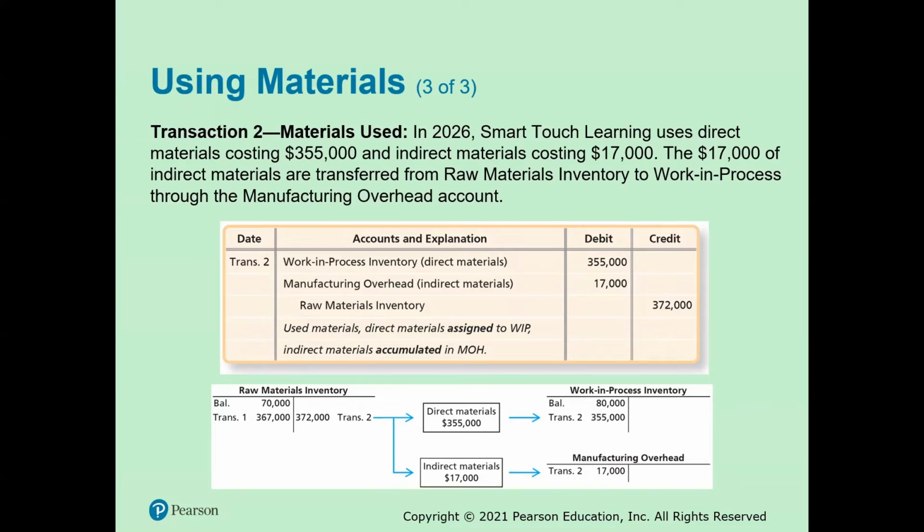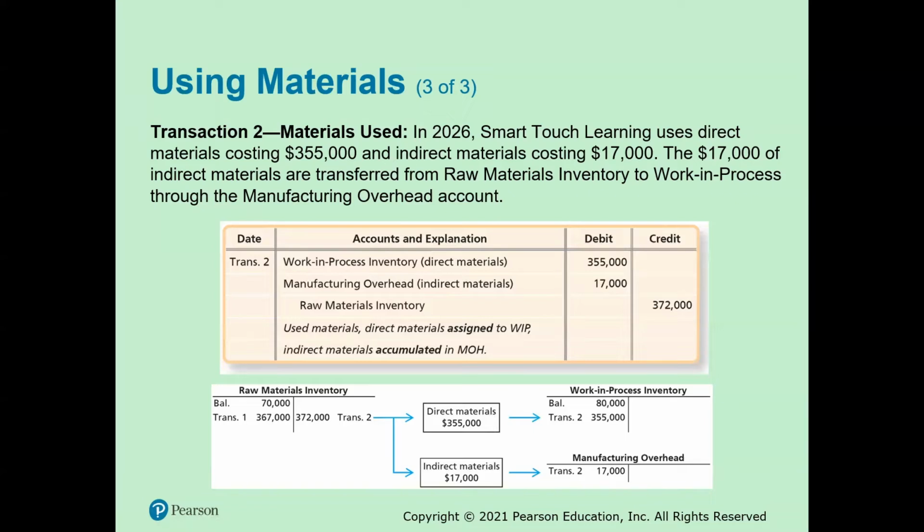In 2026, Smart Touch Learning uses direct materials costing $355,000 and indirect materials costing $17,000. Work in process inventory has a beginning balance of $8,000.